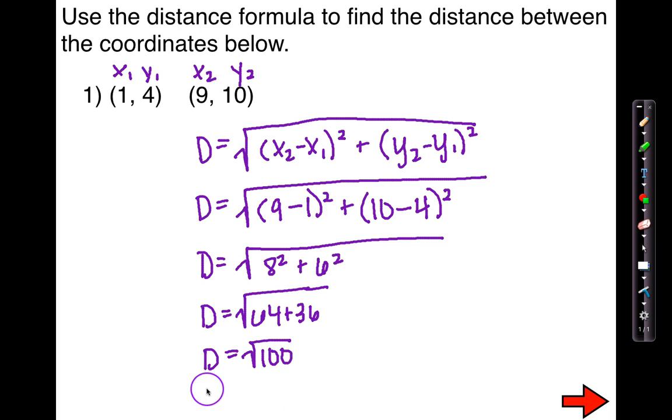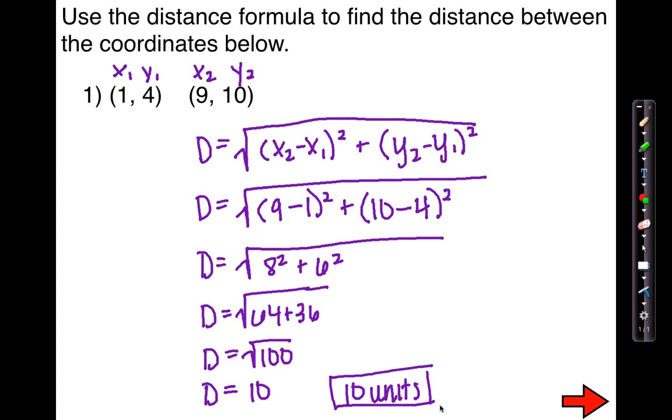I'm not finished quite yet. The square root of 100 is technically plus or minus 10, but since we're talking about distance, I'm just going to go with the answer of 10. So to answer the question, the distance is 10 units. Since there aren't any units given, I'm just going to say the word units.